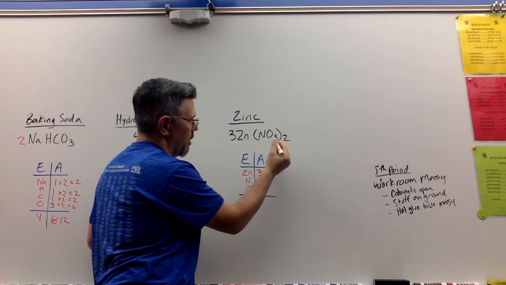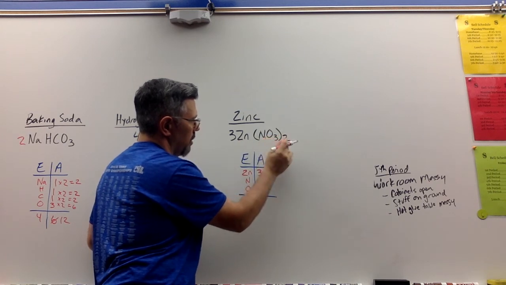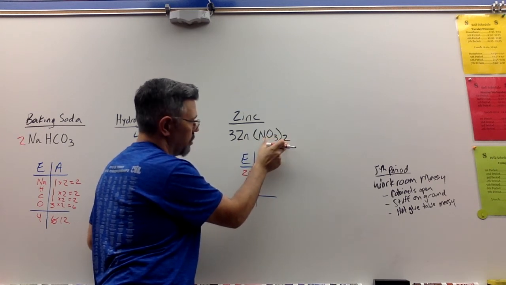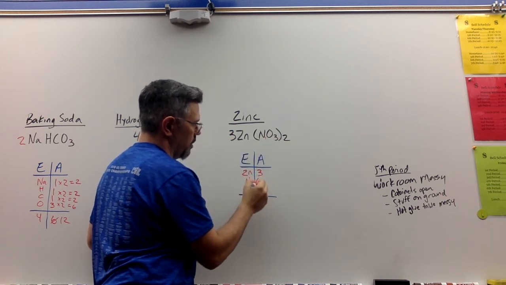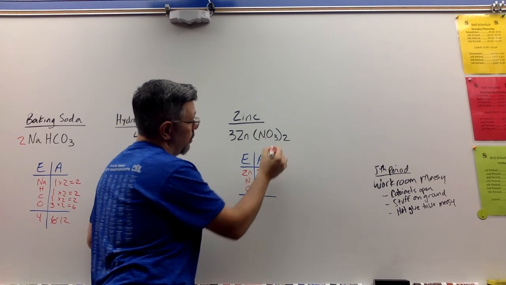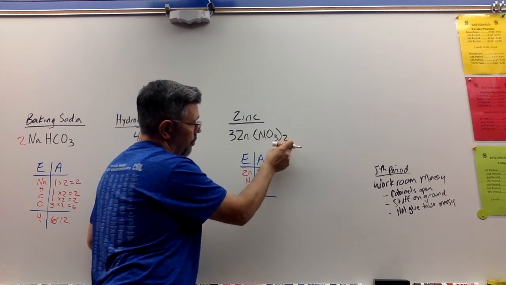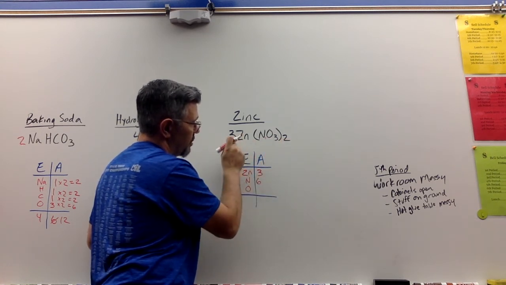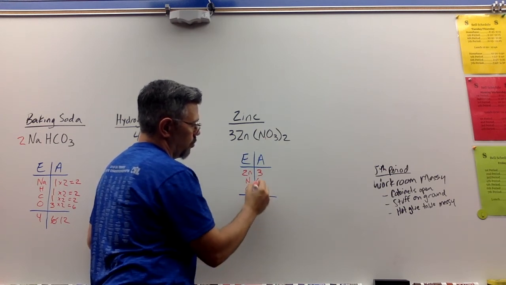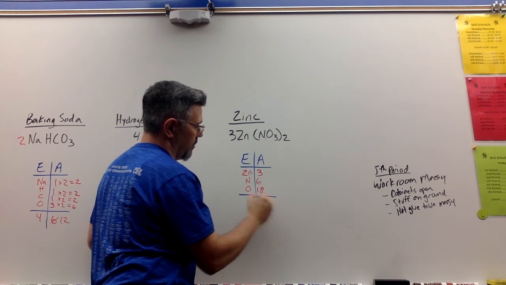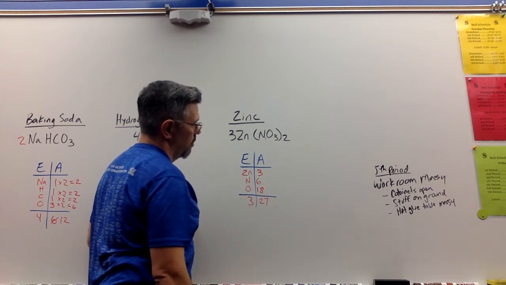We have 1 N, okay, times 2 will give me 2 N's, times 3 give me 6. So let's do the O's. We have 3 O's times 2 will give me 6, times 3 will give me 18.